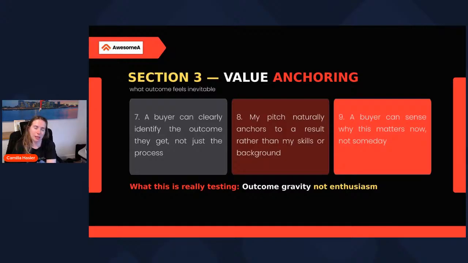Does your pitch naturally anchor to a result? Number 9, a buyer can sense why this matters now and not someday. What is it that a buyer can sense as to why this matters now and not someday?